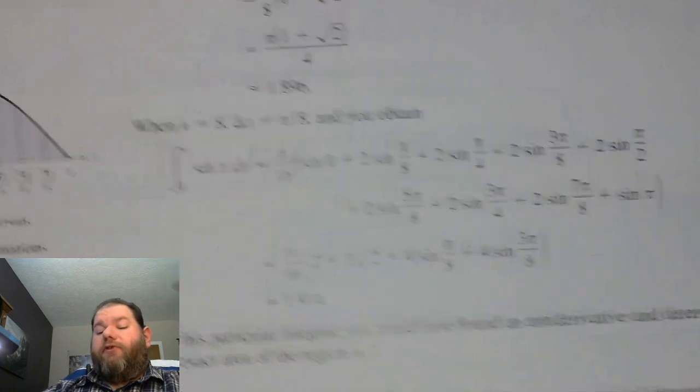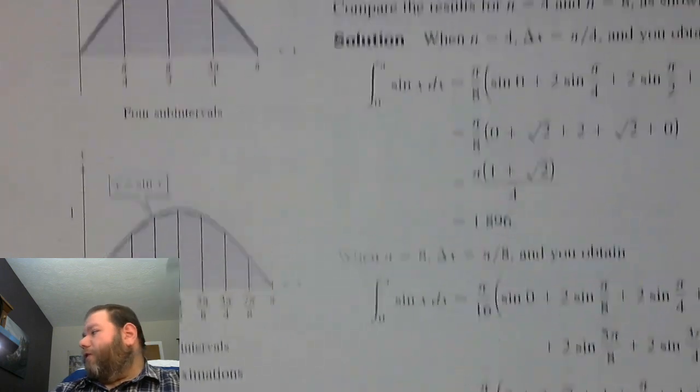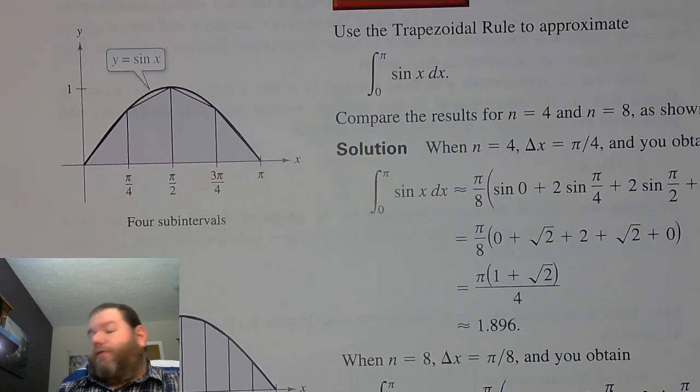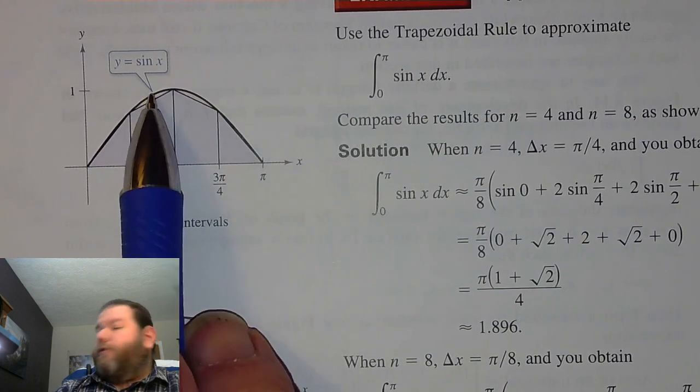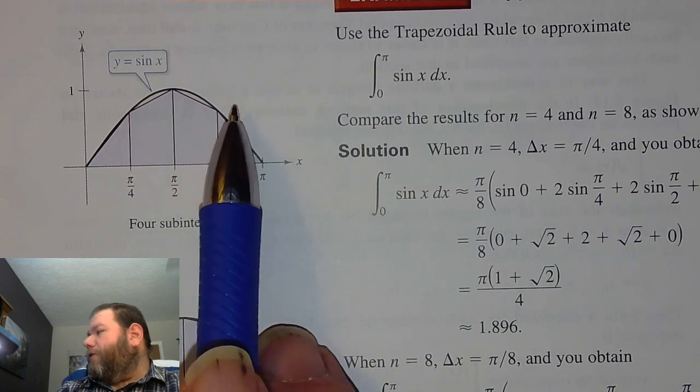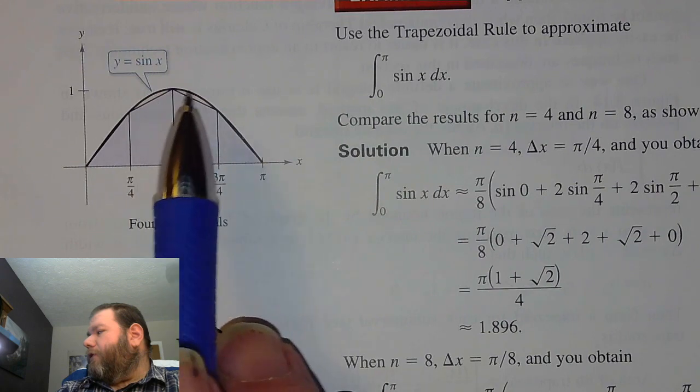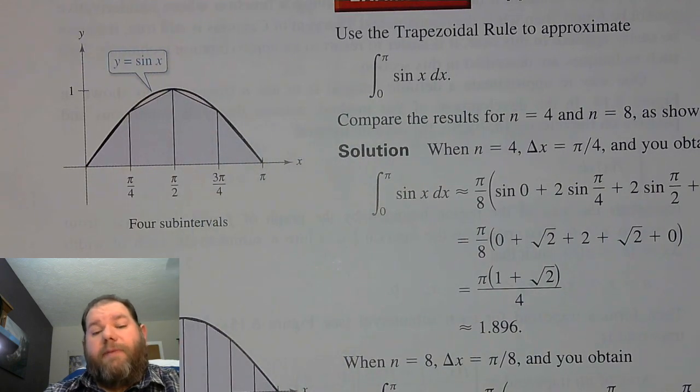Now you can see the visualization of the intervals with n equals 4 trapezoids. You can see there's a good amount of area up here, especially on these middle two pieces. There's a good amount of area that's being left out, not to mention that we are rounding the answers.